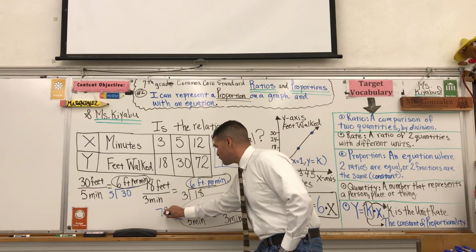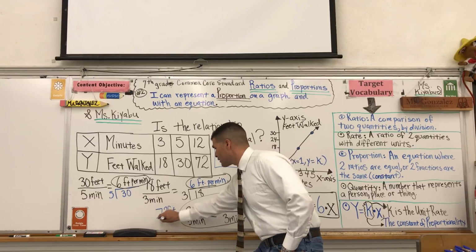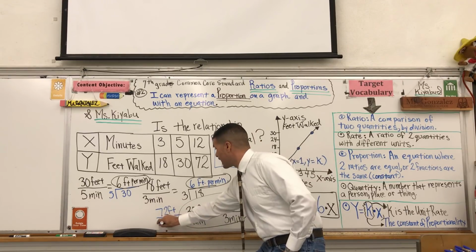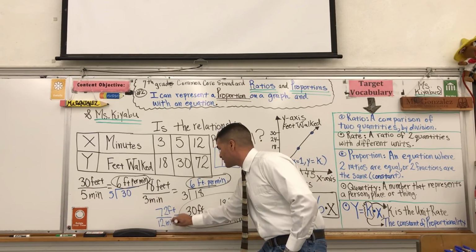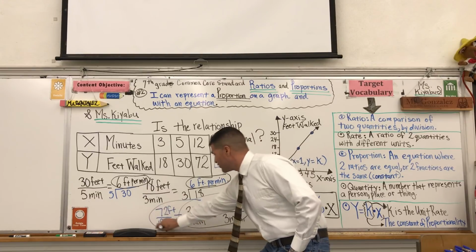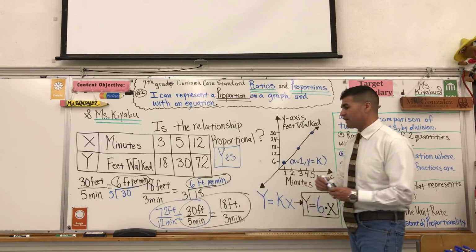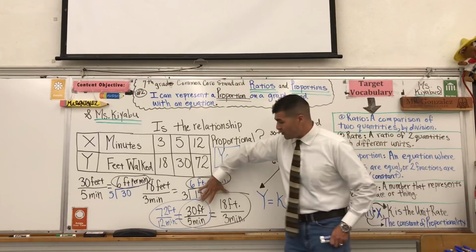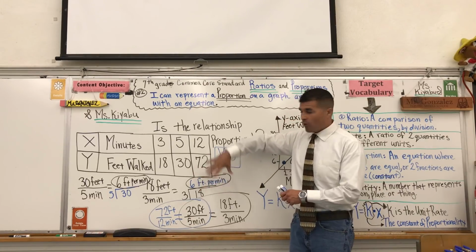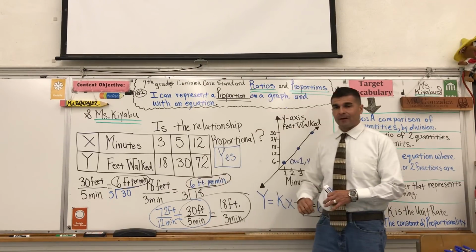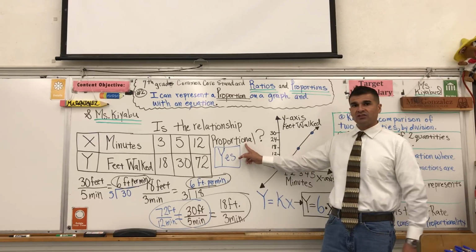So I can write another fraction here, and I could put 72 feet on the numerator and 12 minutes on the denominator. And yes, these two fractions are also equal to each other. So when you have a relationship where two fractions are equivalent, this is a proportional relationship.